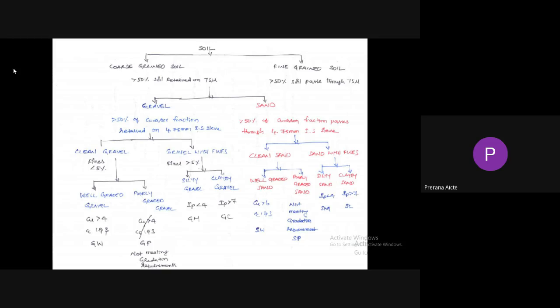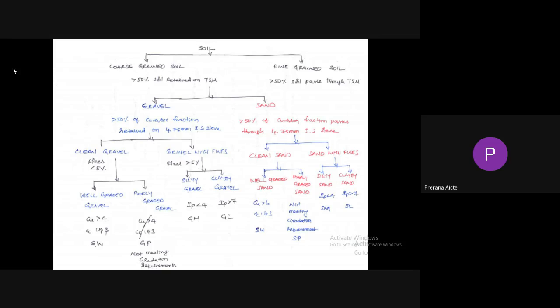But in the case of classification of fine grained soil, there is some difference. According to Indian situations, Indian terrain, the classification of fine grained soil is modified.